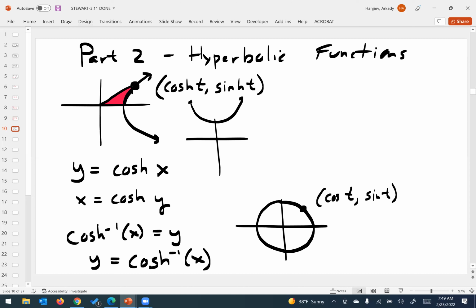Sine of t. So when we do that here, we understand that that t value is just how we wrap around the outside of the unit circle, right?